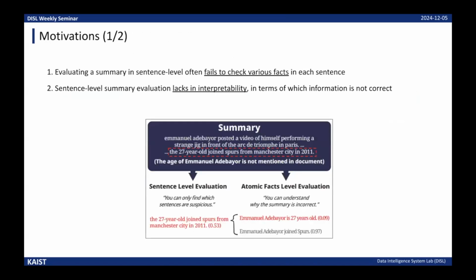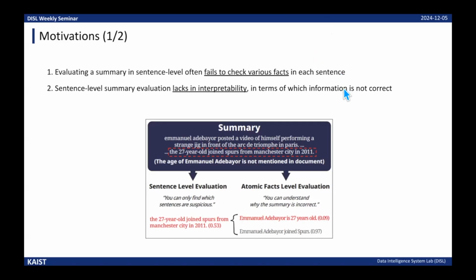The paper we're discussing today has four key motivations. First, when evaluating summaries at the sentence level, it's difficult to identify the various facts contained within each sentence. Second, when a summary sentence contains multiple pieces of information, it's challenging to pinpoint which specific information is incorrect.